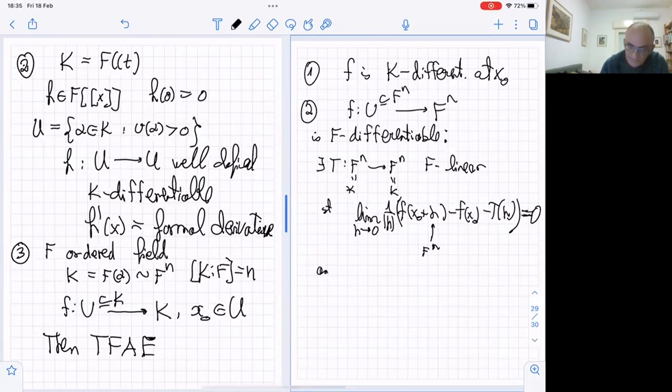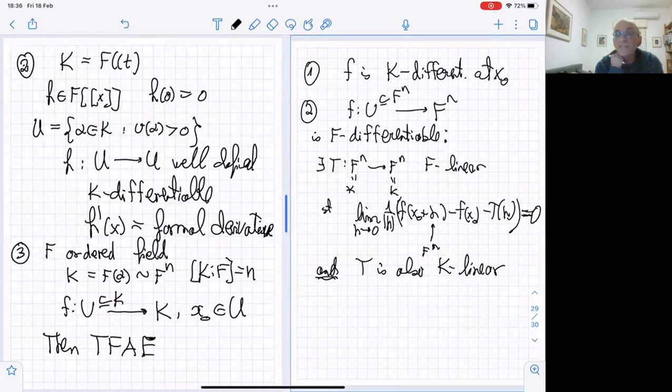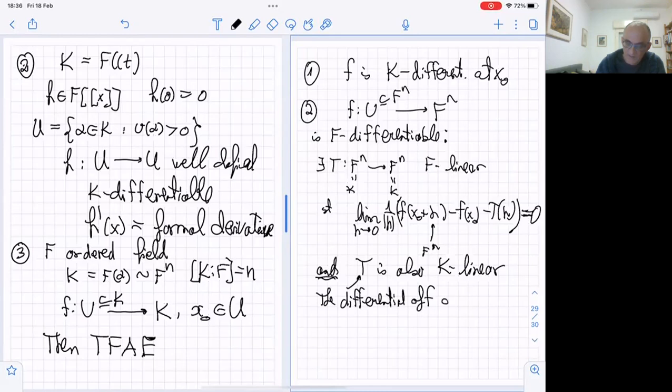And in addition, this linear function is not an arbitrary function. T is also K-linear. Right, K is a vector space over F. Linear functions can be F linear functions, but for f to be differentiable in the sense of the finite extension, the differential of f at x0 has to be also K-linear.